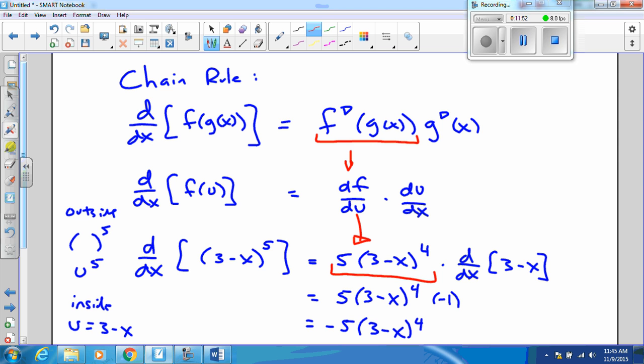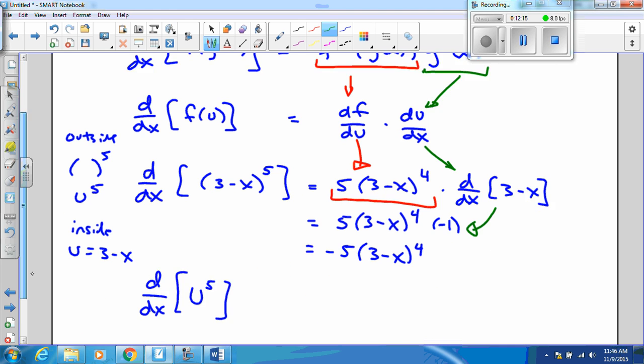So this part is my f prime of splat. Okay. Does that make sense? And then times g prime of x, the derivative of the inside, which is negative 1. Okay. Does that help? Good.